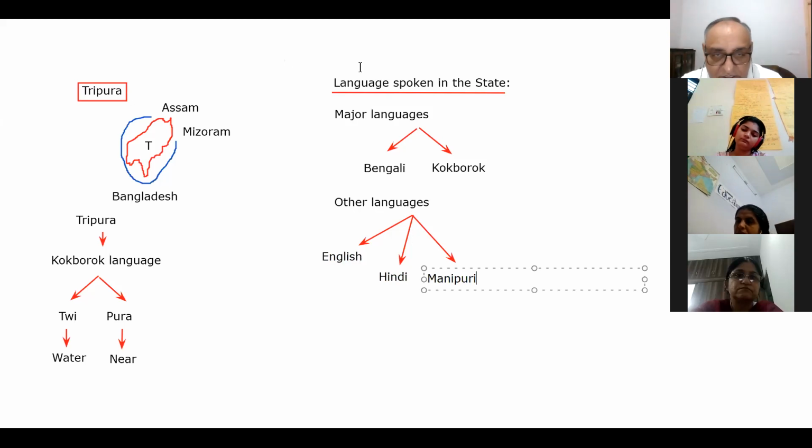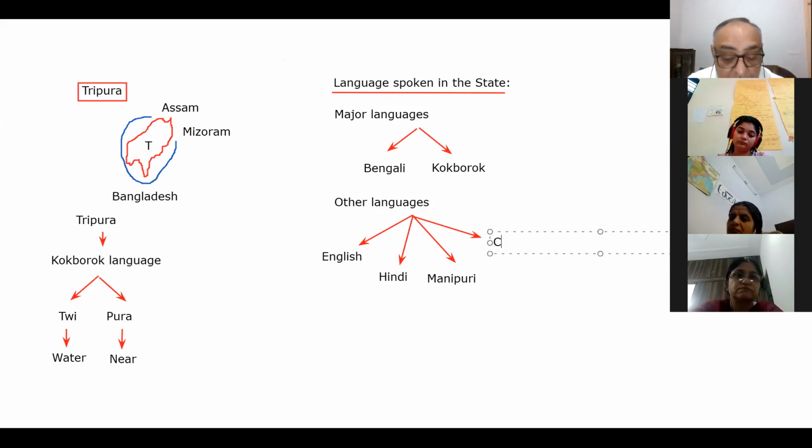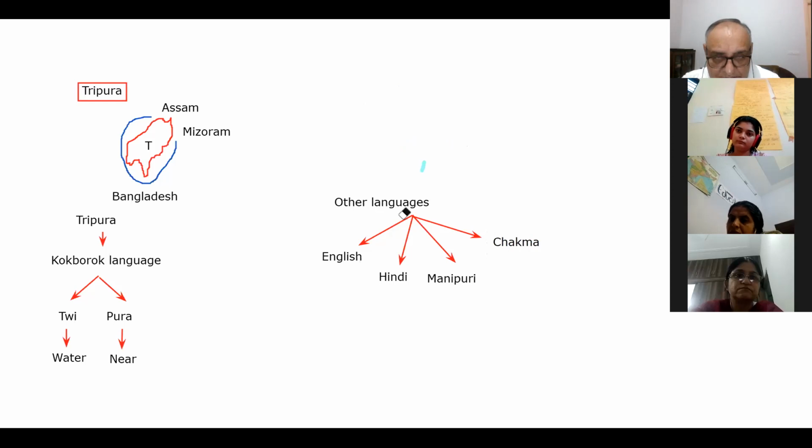And the Chakma language is also spoken. So there are many languages spoken in the state. Later on, we will have a little more insight into this. So this is about the languages spoken in the state.